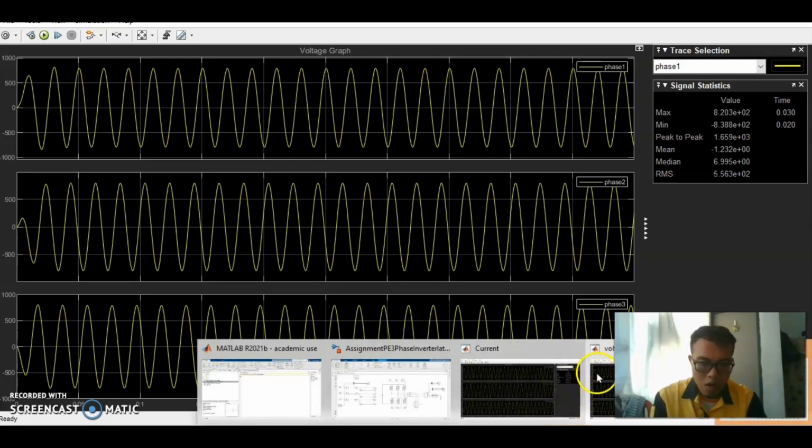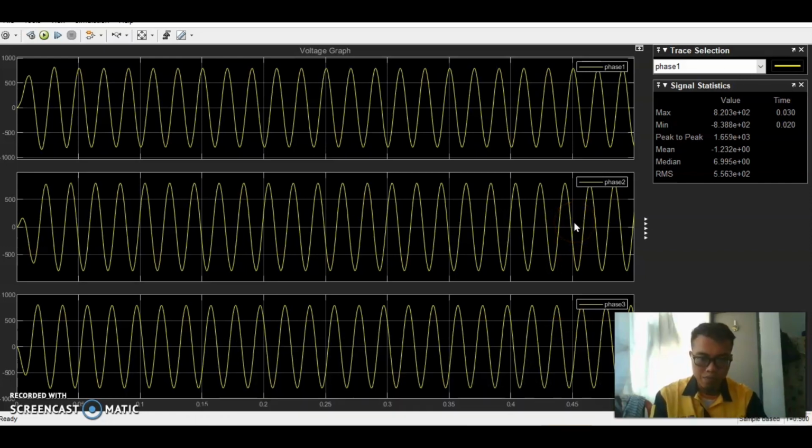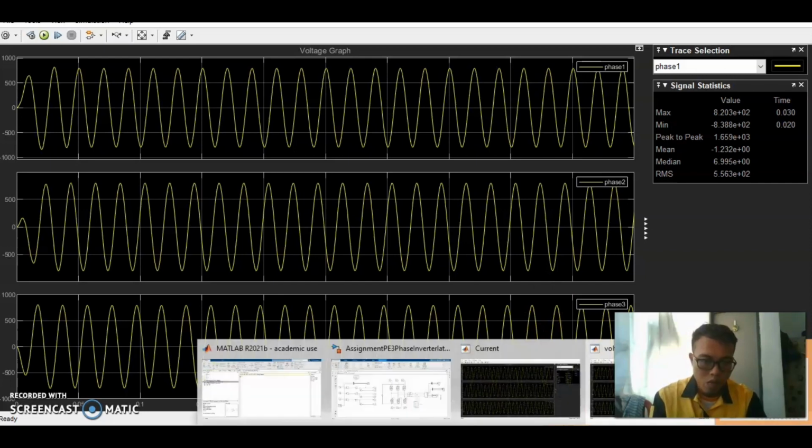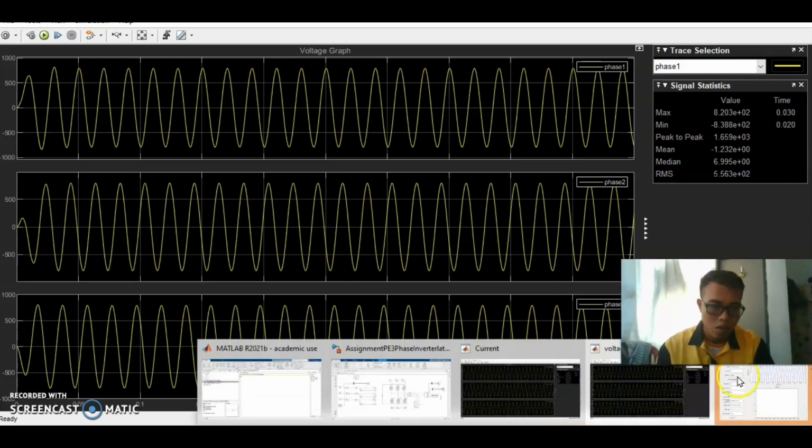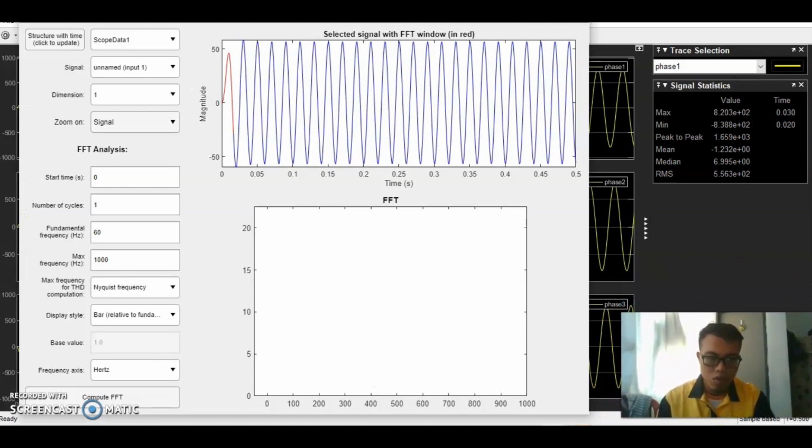To prove that our THD value is below 7%, we open the FFT window. This scope data one refers to the current sine wave, and we put start time 0.2, number of cycles 5, fundamental frequency 50 Hz, and maximum frequency 500 Hz.